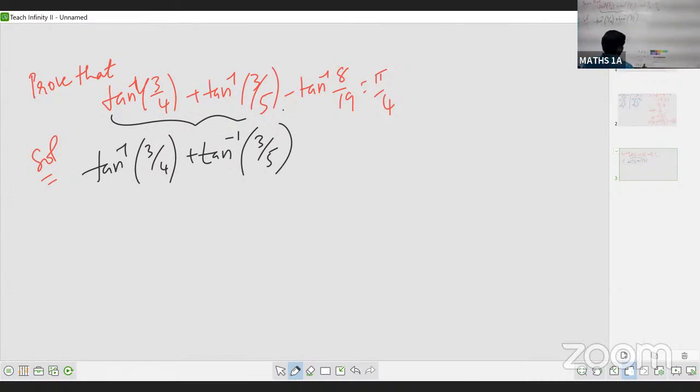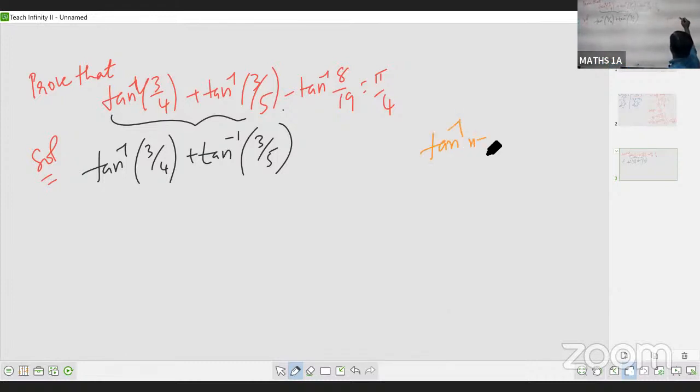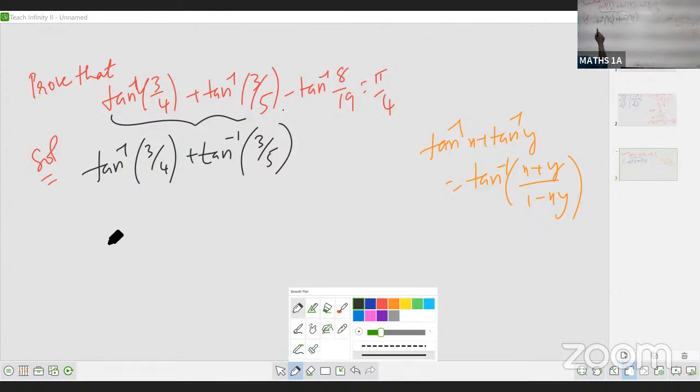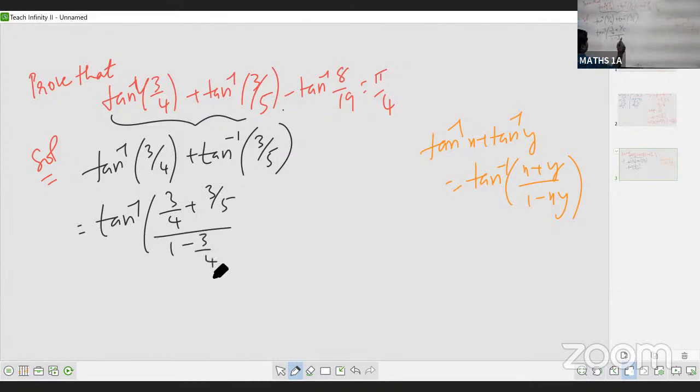Now what is the formula I am going to use? Formula: tan inverse x plus tan inverse y is tan inverse of x plus y by 1 minus xy, right? That is tan inverse of 3 by 4 plus 3 by 5 by 1 minus 3 by 4 into 3 by 5.